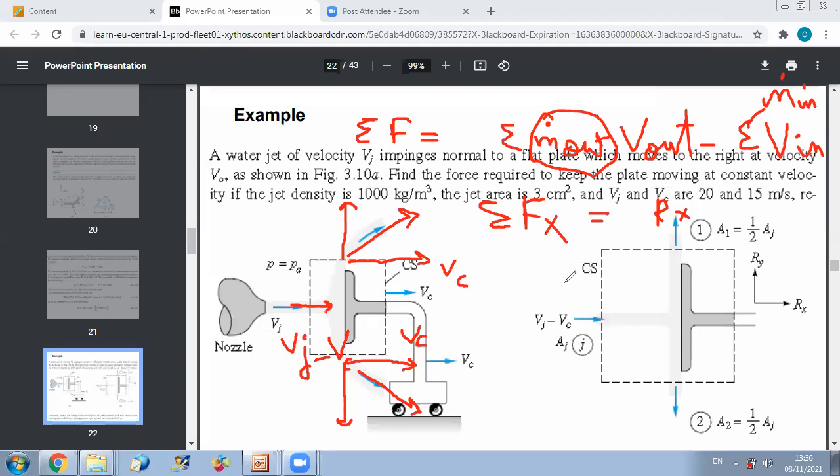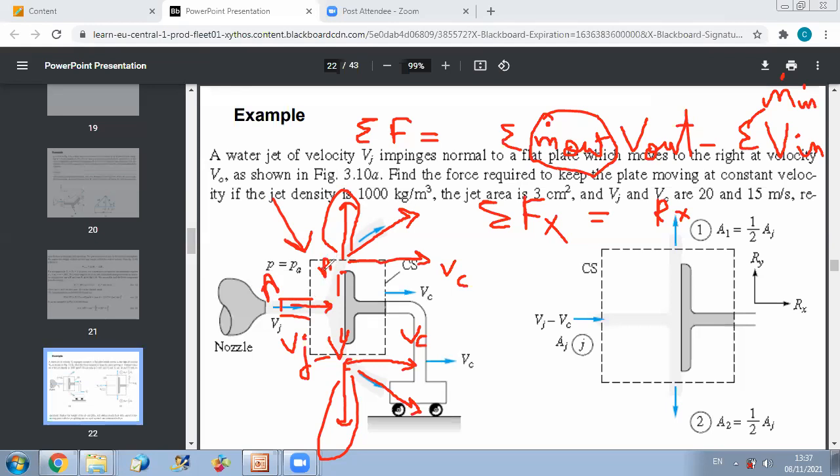Consider the outlet flux for the first case, absolute velocities. The relative velocity components are vertical, and we have seen that the relative velocity is Vj minus Vc. Since the jet will separate into two equal parts, the area A is divided into two jets of area A over 2.